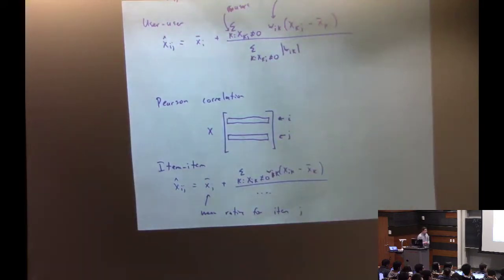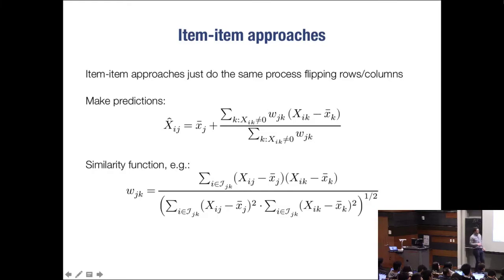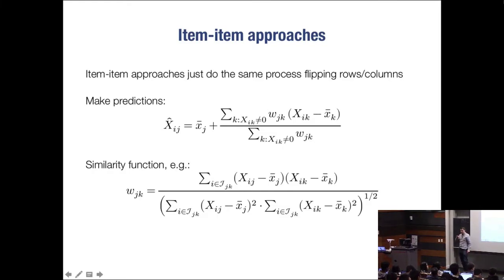So again, it's a little different. Before, I summed over other users, and it said, for users similar to me, how have they rated this item before?